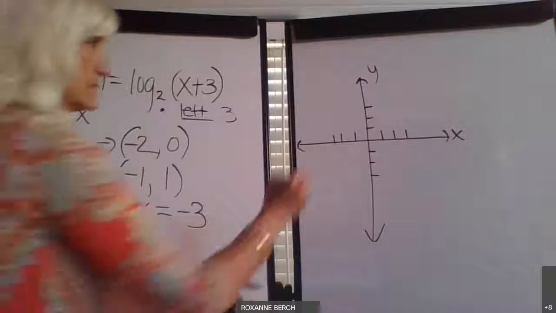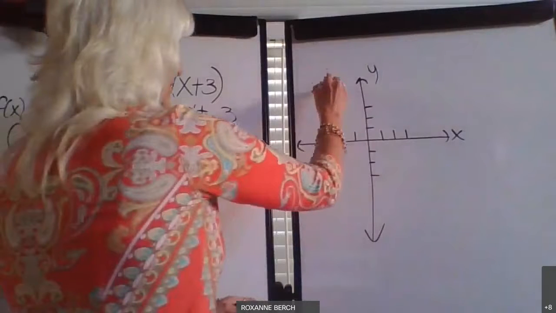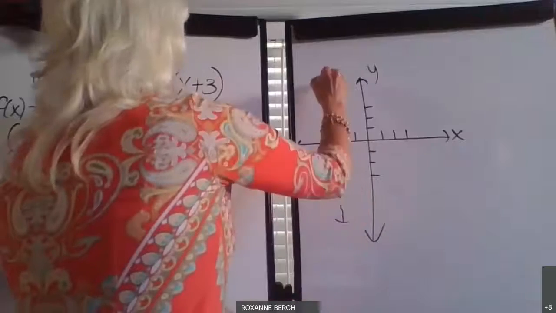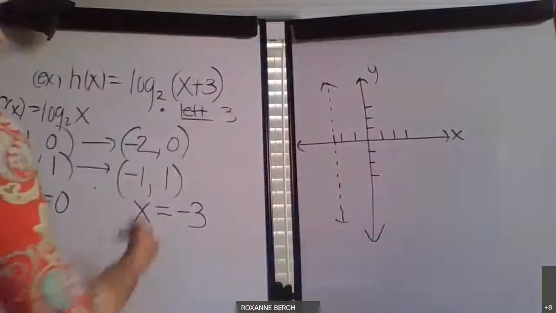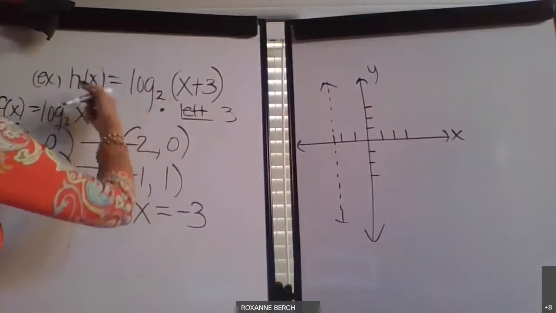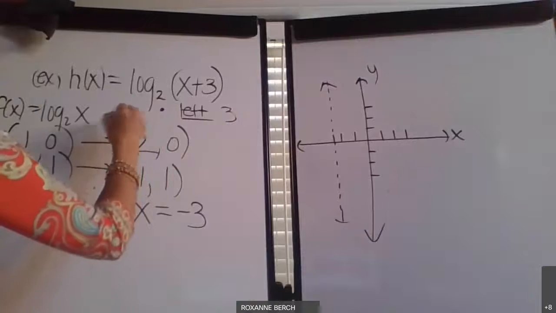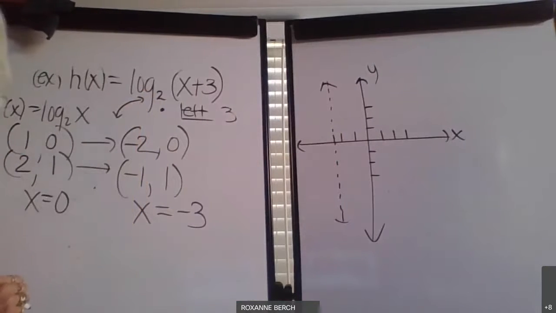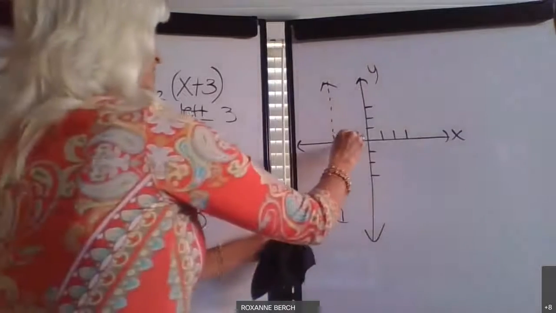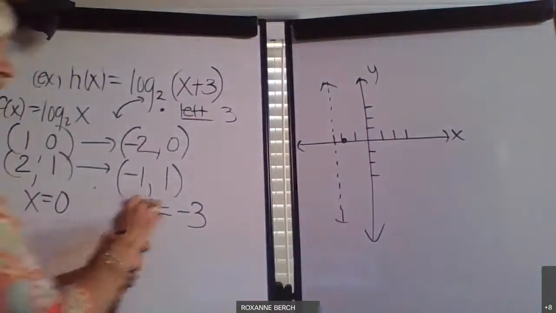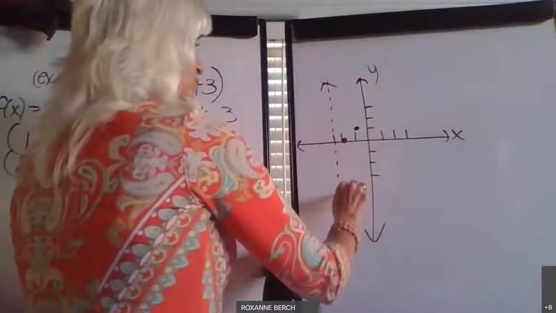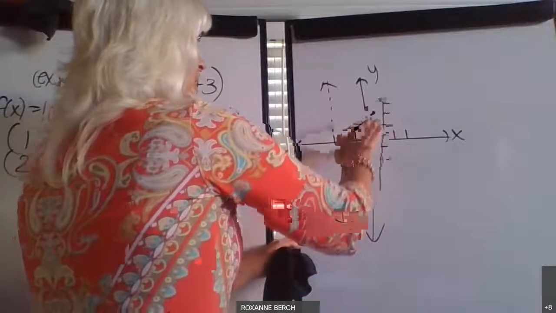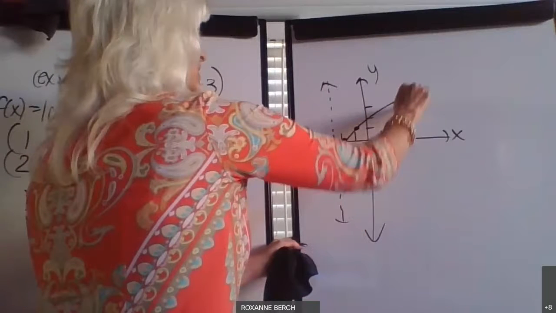Negative 3. So you draw the asymptote. Once again, this is just a logarithm and there's no reflection or anything. So it's just going to go up like that along that asymptote. So you have left 2, 0, and you have left 1, up 1, and you just draw the graph along the asymptote.